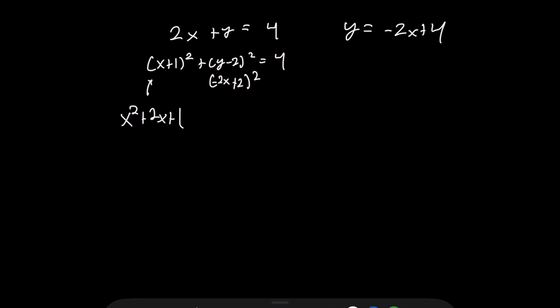So this inside is just going to become negative 2x plus 2, squared. That's what that is. And so if you expand that out, that should give you 4x squared minus 8x plus 4. Okay. Now, we have to simplify this.